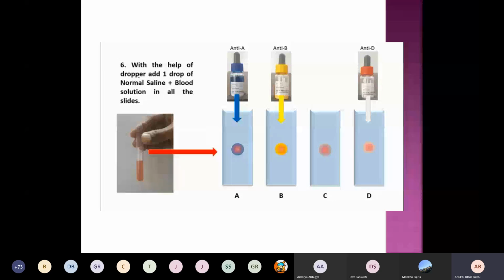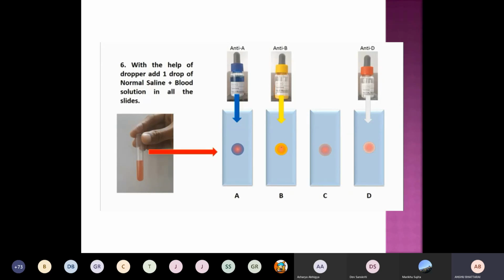Now with the help of a dropper, add 1 drop of normal saline plus blood solution in all the slides. This solution contains normal saline plus blood, and you add 1 drop in slide A, slide B, slide C and slide D. Please remember that in slide A, there is anti-sera A solution plus 1 drop of this solution.